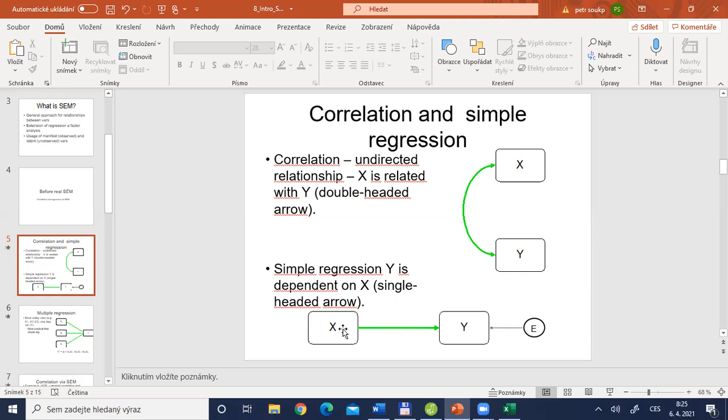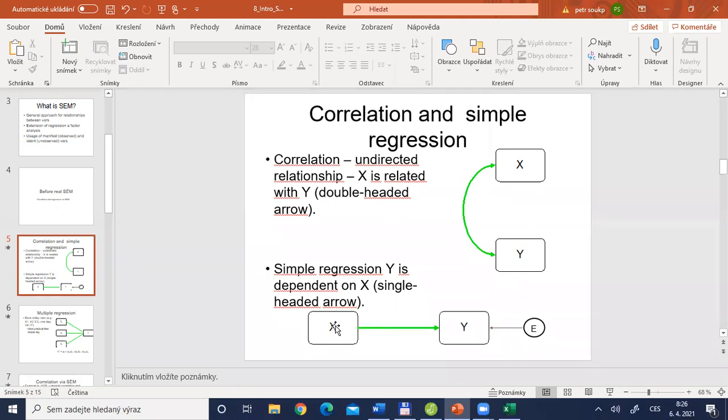It would be x, y, or maybe e. We know that for e we would need to compute the variance. So for x or y, I would need to estimate variance. Can you help me? Once again, for correlation there is no dependent variable, and for an independent variable I must also estimate the variance. So for which variable would I be estimating the variance?